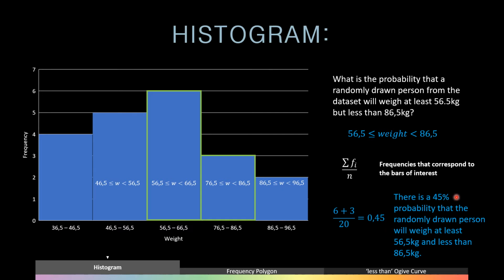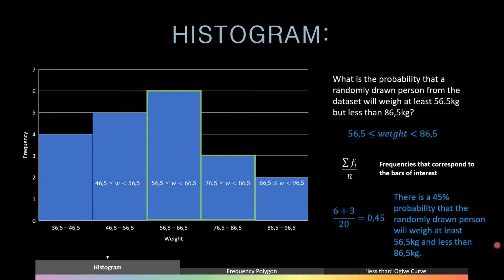You could also just say 0.45. Remember, 45% is 45 over 100. So there is a 45% probability that a randomly drawn person will weigh at least 56.5 kilograms, but less than 86.5 kilograms.